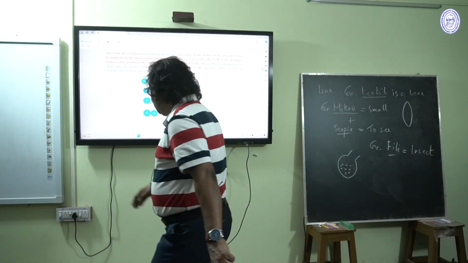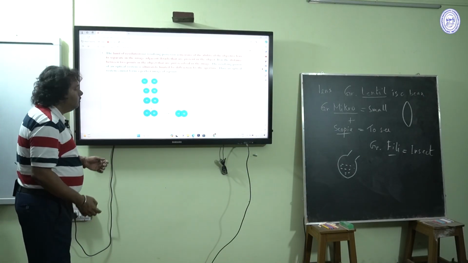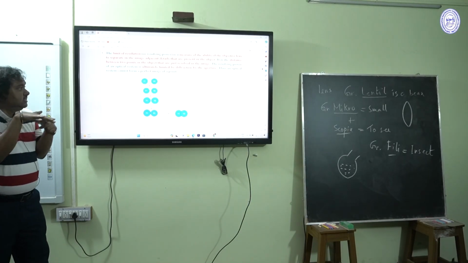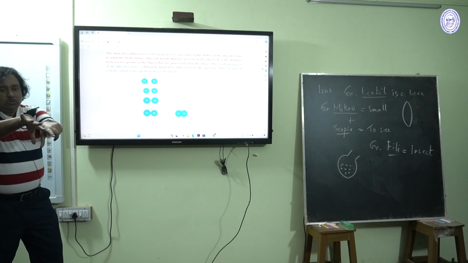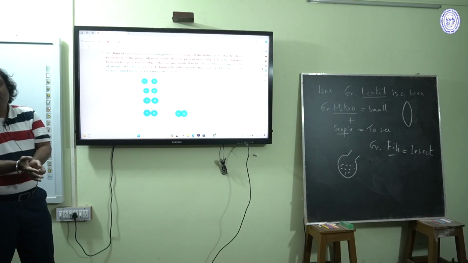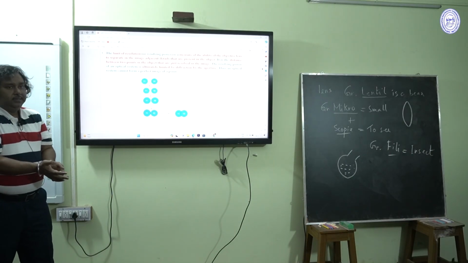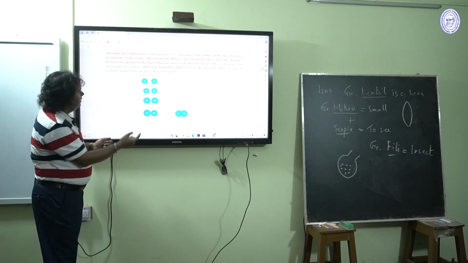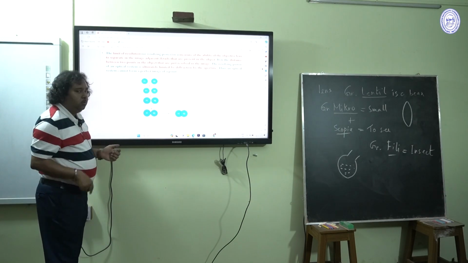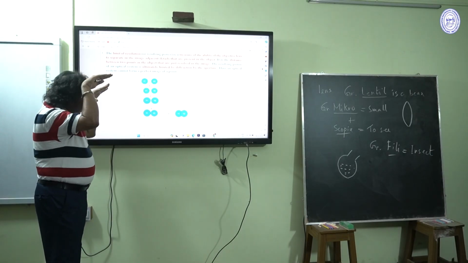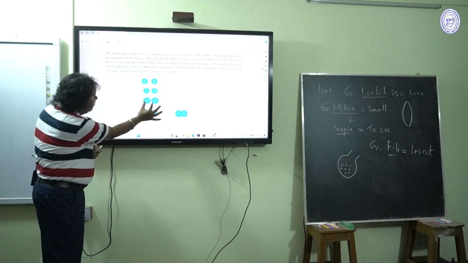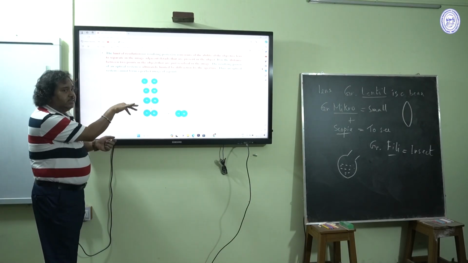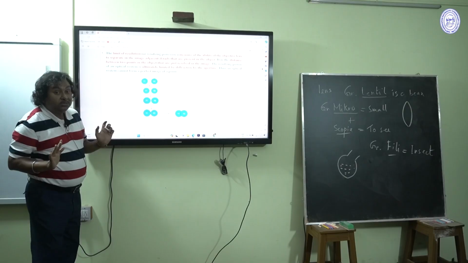Here, 2 points are shown, P1 and P2. The power of the microscope depends on whether 2 separated points can be resolved as 2 points. Here it is 2 points. This is much closer, but we are able to distinguish them as 2 separate points. Here the points become even closer, but we are still able to distinguish them as 2 separate points.